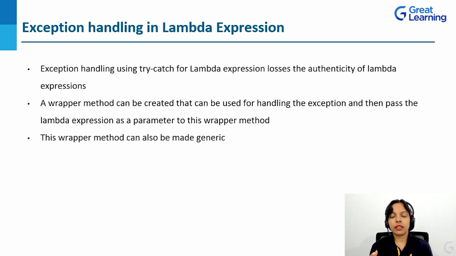Now you must be thinking that in that case also, for every Lambda expression there should be one wrapper method. Then how is it solving the problem of not increasing the number of lines of code? There we can have a generic wrapper method also, so that the same wrapper method that is responsible for exception handling can be used for many Lambda expressions.